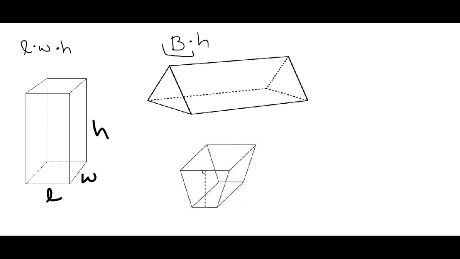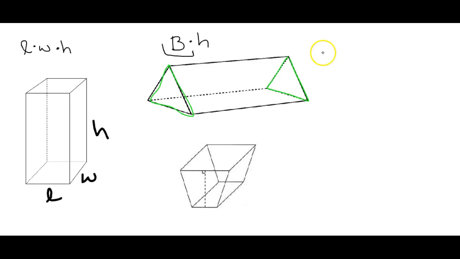The big B is area of the base. So the base is the shape that is then just connected by a straight line to its duplicated shape. We have a triangle here, this is the base, and it's connected by straight lines to another triangle, the other base. So again, we need to know the area of the shape we're actually working with.